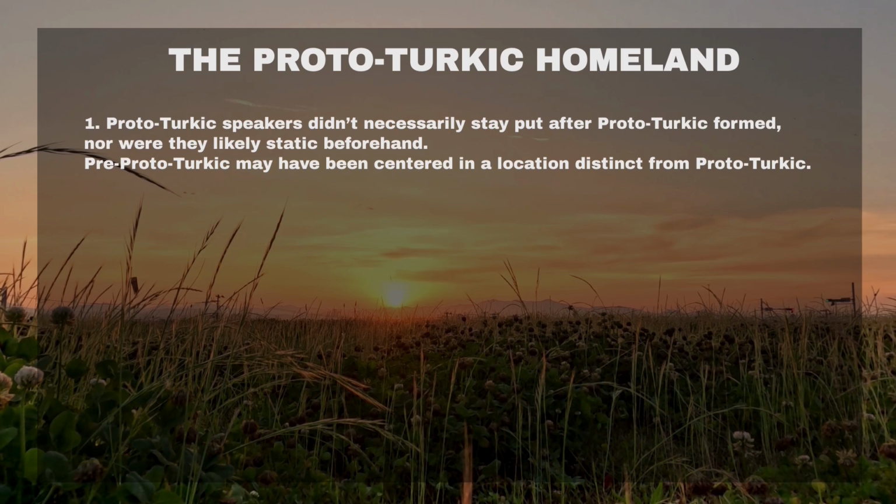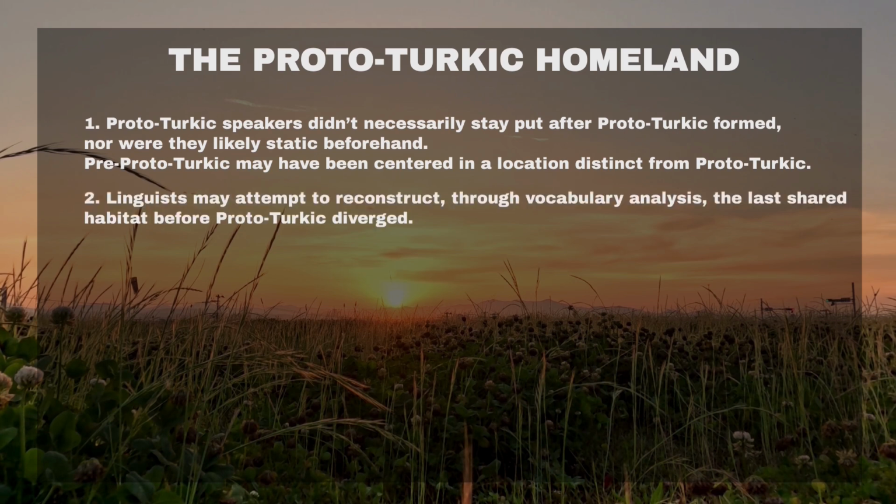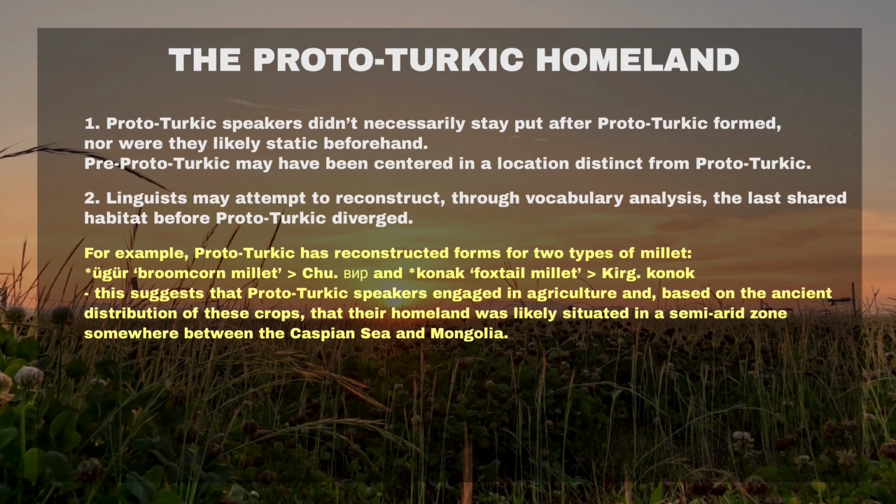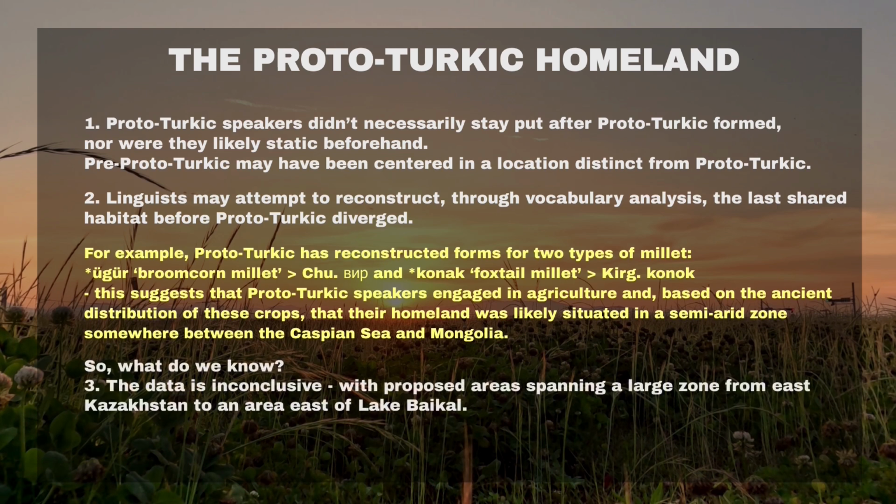Linguists use clues like Proto-Turkic's vocabulary, so words for flora, fauna or climate that are unique to a region, alongside early loanwords from neighbouring proto-languages to suggest a homeland location. Unfortunately, the data remains inconclusive, with the total area put forward by various linguists comprising a substantial geographic zone ranging from East Kazakhstan all the way to east of Lake Baikal.